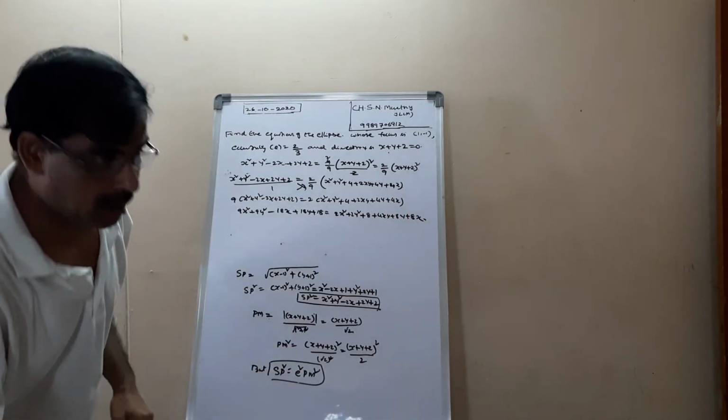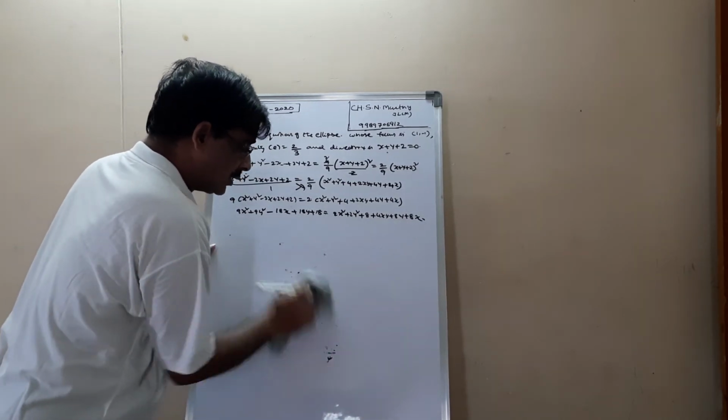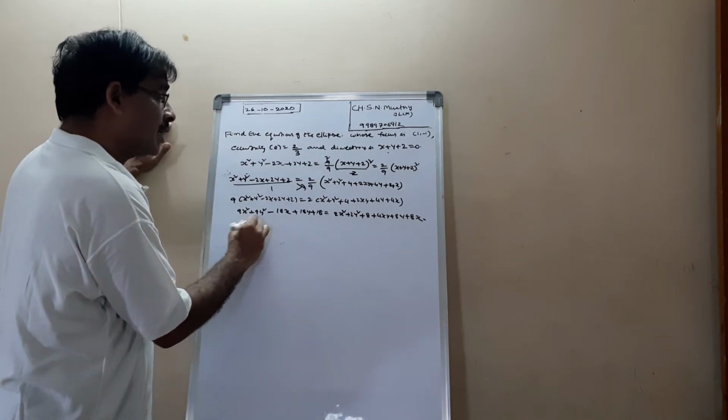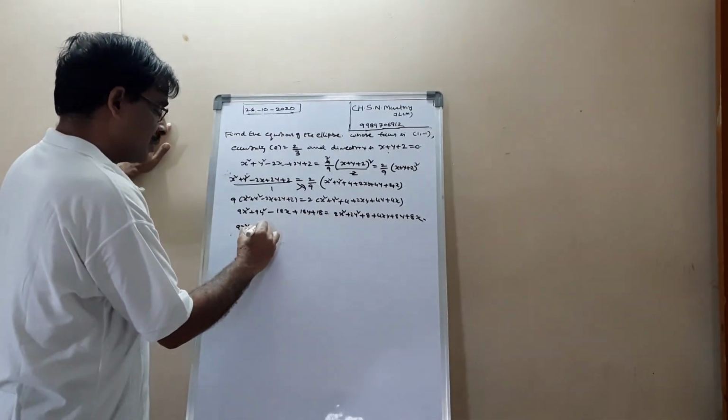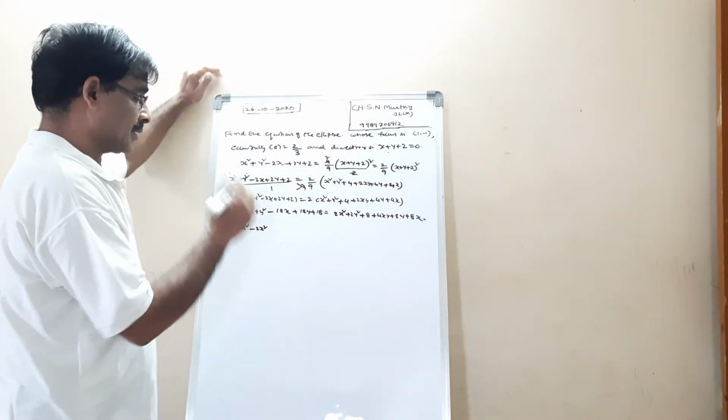Now we have to simplify. First, 9x square minus 2x square. Transform all the RHS terms to the left hand side.